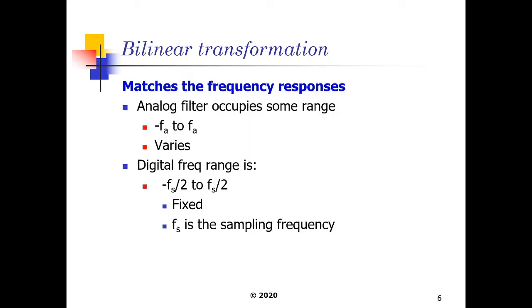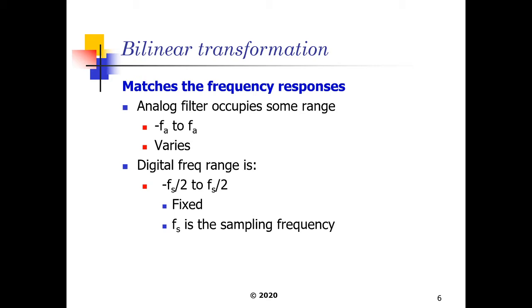So the bilinear transform basically matches the frequency response. Instead of the analog filter matching from negative f_a to f_a, which is the analog cutoff frequency and varies in analog, the digital frequency range is going to be minus f_s divided by 2 to f_s divided by 2.